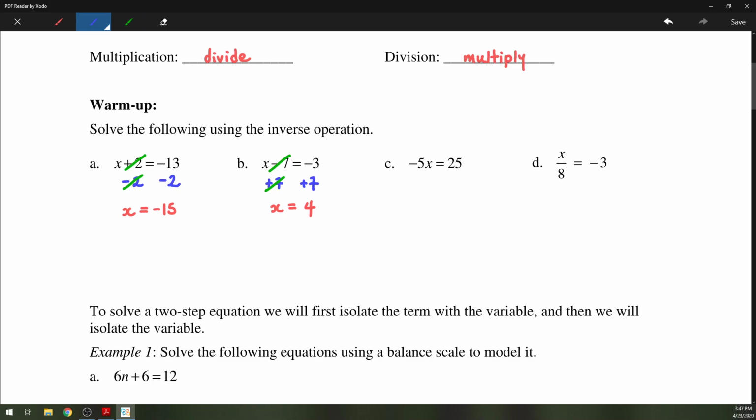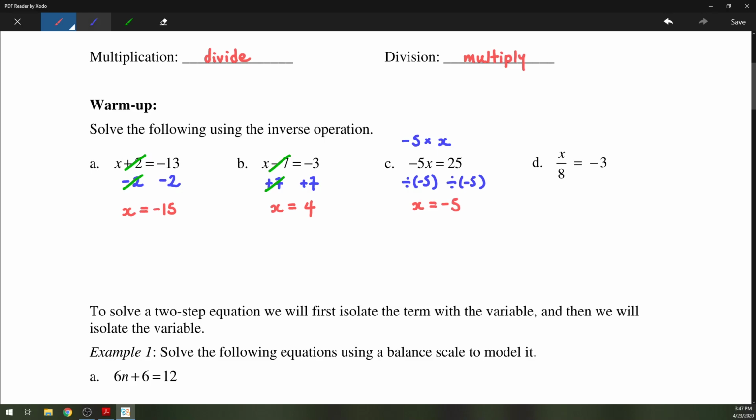Let's continue. The inverse operation of negative 5 times x, that's what this actually means, is to divide by negative 5. So we can do that to both sides of the equation, and we're left with x equals negative 5.